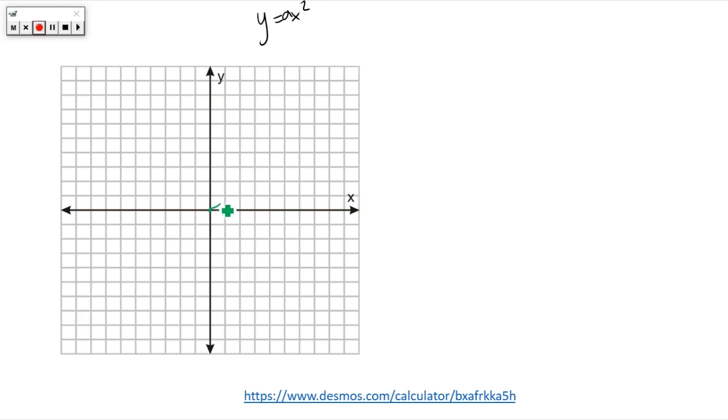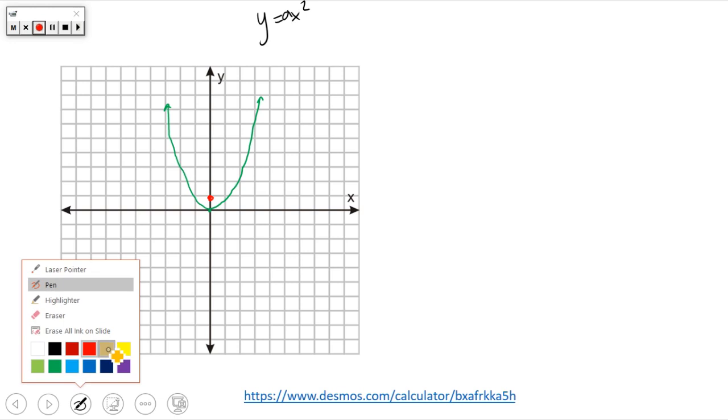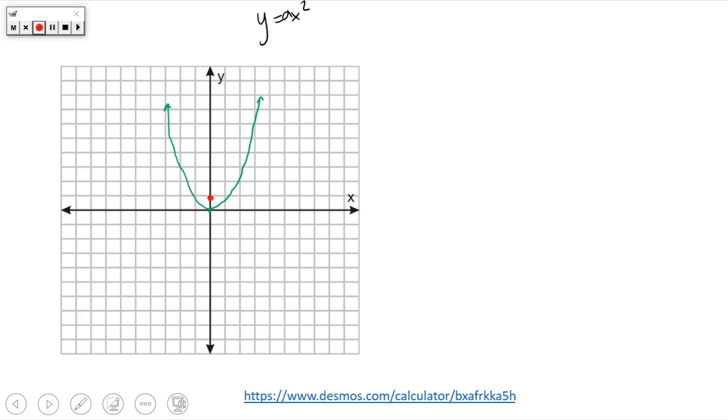Where the focus was, satellite dishes all had this little thing that was centered in this weird spot, and then I told you that that weird spot was called a focus. And that focus was inside the satellite dish or inside the parabola. And there's an important piece of information that we know about where the focus is with respect to the parabola. There's all sorts of properties.